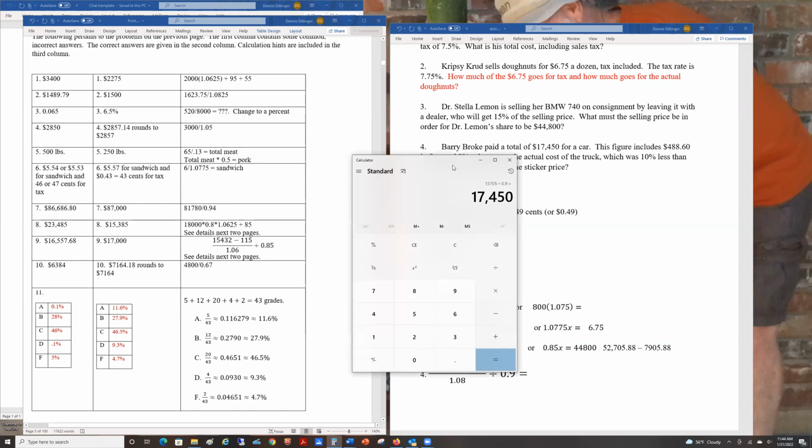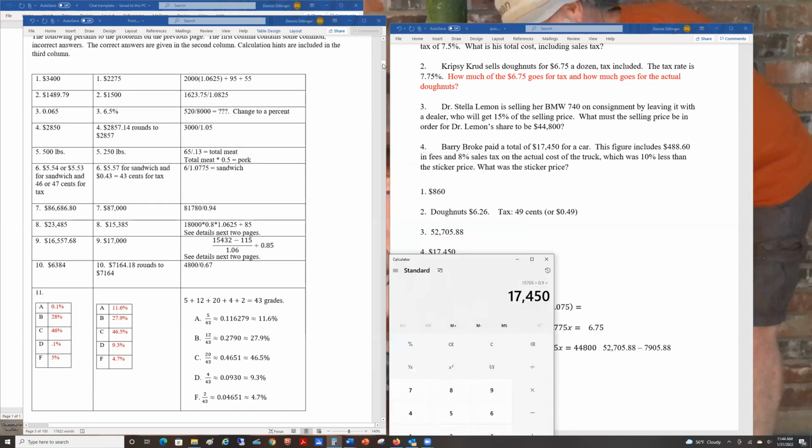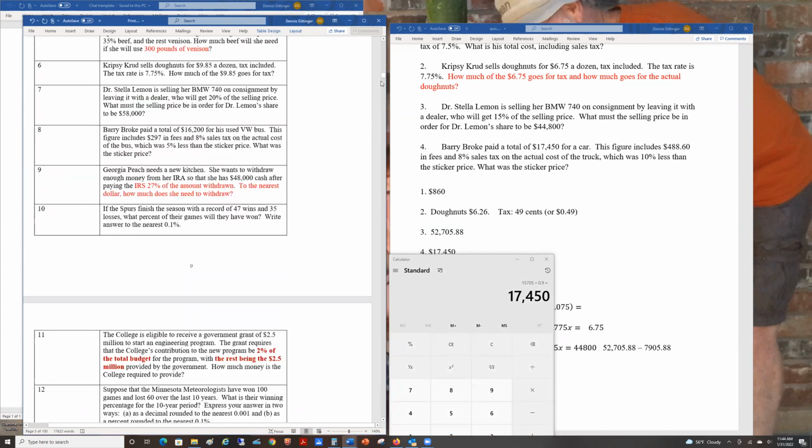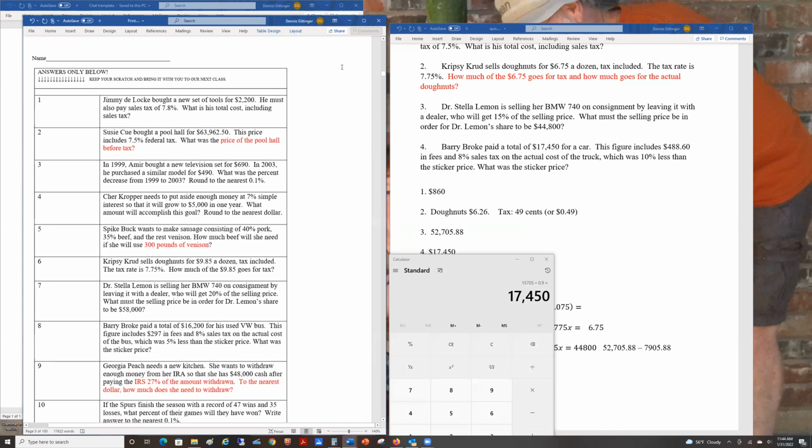There's a couple of problems, well, more than a couple. There's a few problems on, what do we have, page 9 and 10, that we hadn't seen before. And you've seen 1, and you've seen 2, and you've seen the percent increase, and you've seen the deposit. And a lot of these are very similar.